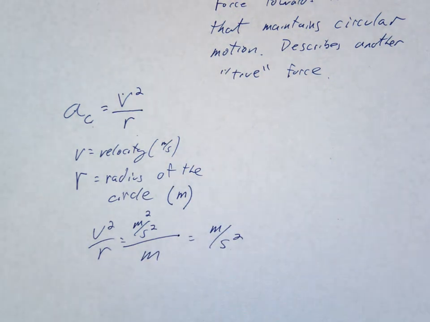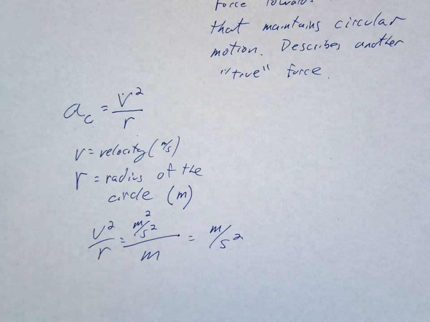So notice as this is spinning, if I spin it faster, what should happen to the acceleration? It increases, right? The faster it spins, the more it's going to have to accelerate to change its direction. If it's slower, it's pretty easy to change its direction because it's not moving as fast.